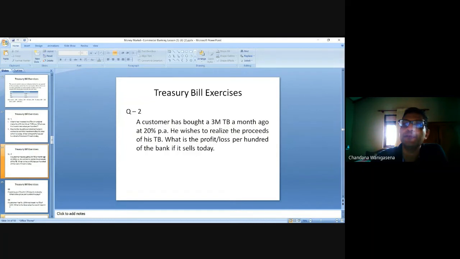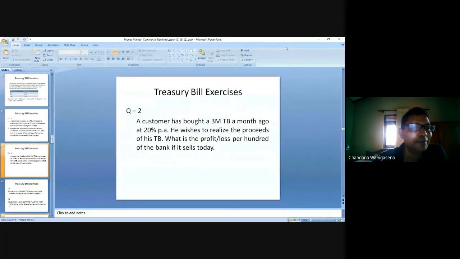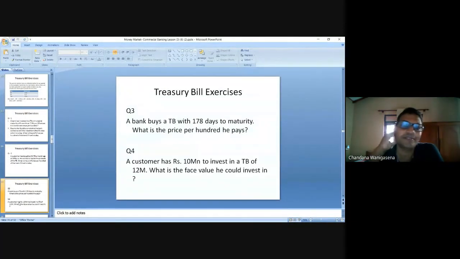If you get into treasury bill calculations, there are masters, and then these simple things can be very serious, right? So next, a bank buys a treasury bill with 178 days to maturity.